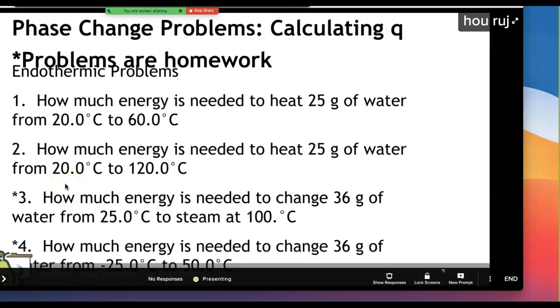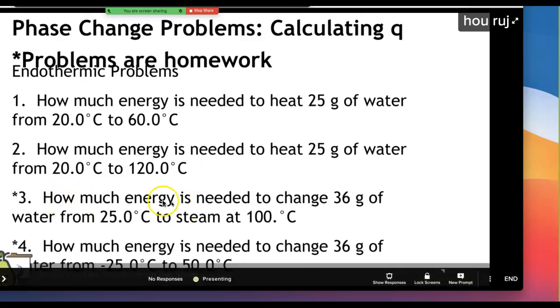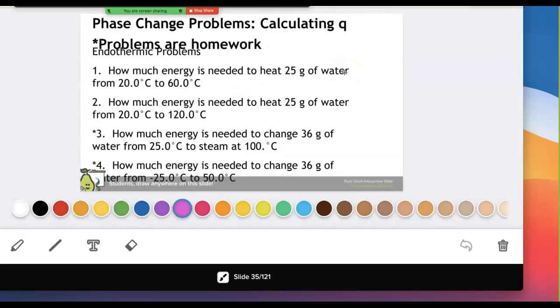How much energy is needed to change 36 grams of water? So we changed the mass a little bit, but the substance is still water, from 25 degrees Celsius to steam at 100. This is just a wording thing. So the word steam means gas at 100. So when we go to draw our chart, I'll show you what that means.